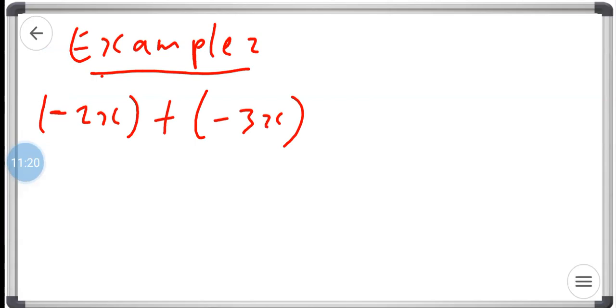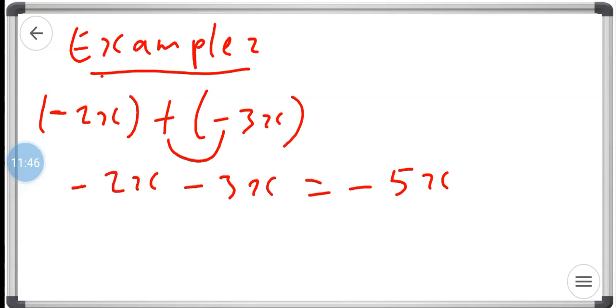Now we said the algebraic sum of two or more negative like terms is negative. From here we want to add it together. So this equals minus 2x, plus minus 3x. That is minus 2x minus 3x. That's minus 5x.